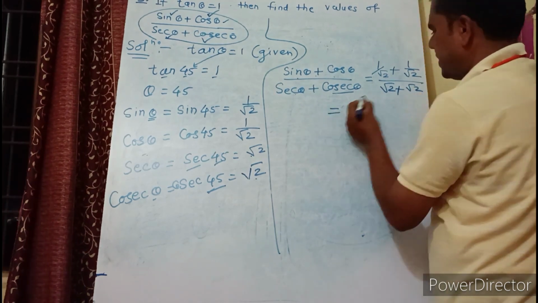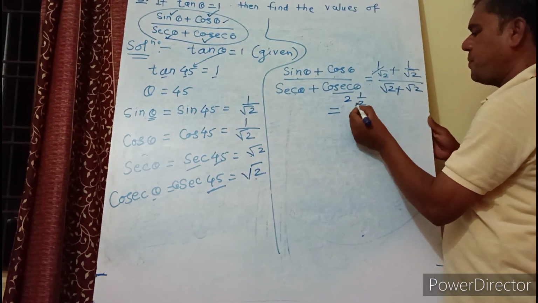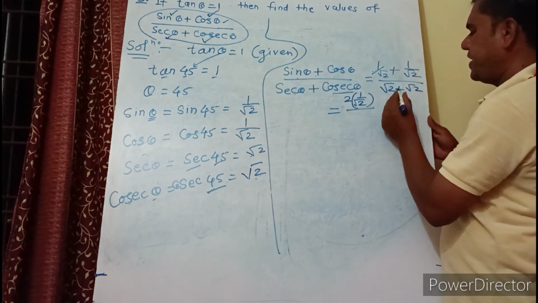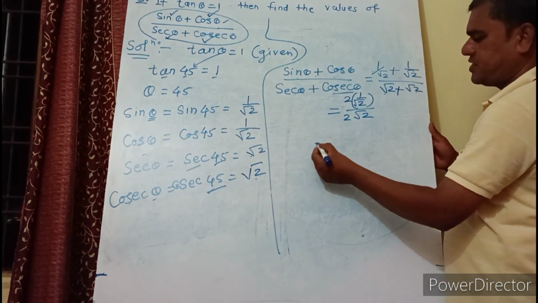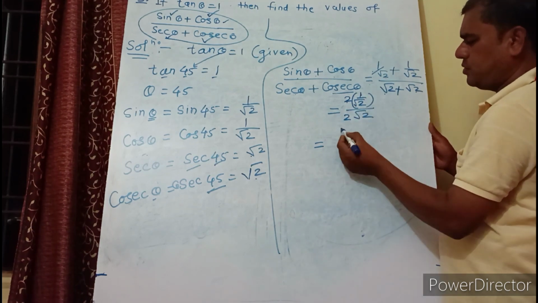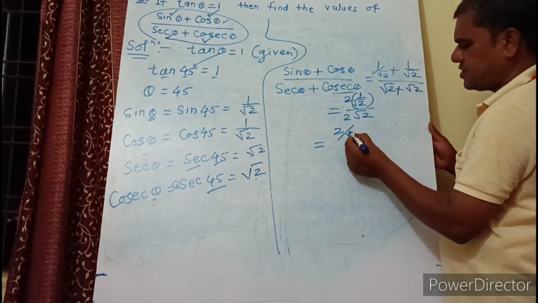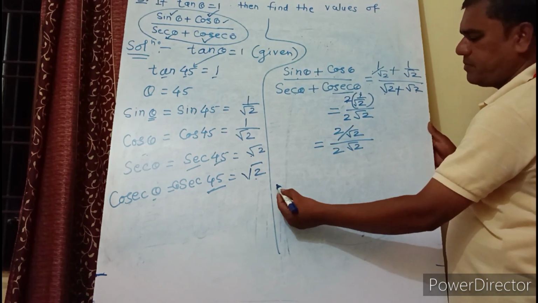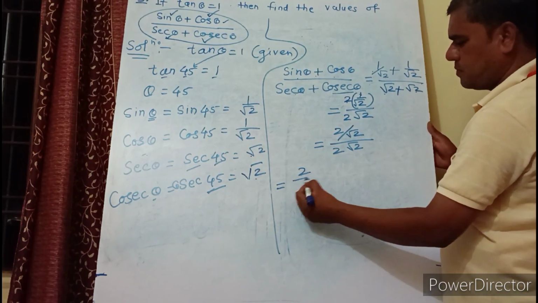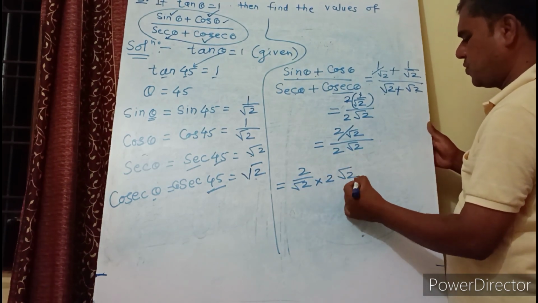Now this will be equal to 2 times 1 by root 2 divided by root 2 plus root 2, that is 2 times root 2. Now this will be 2 divided by root 2, divided by 2 root 2.